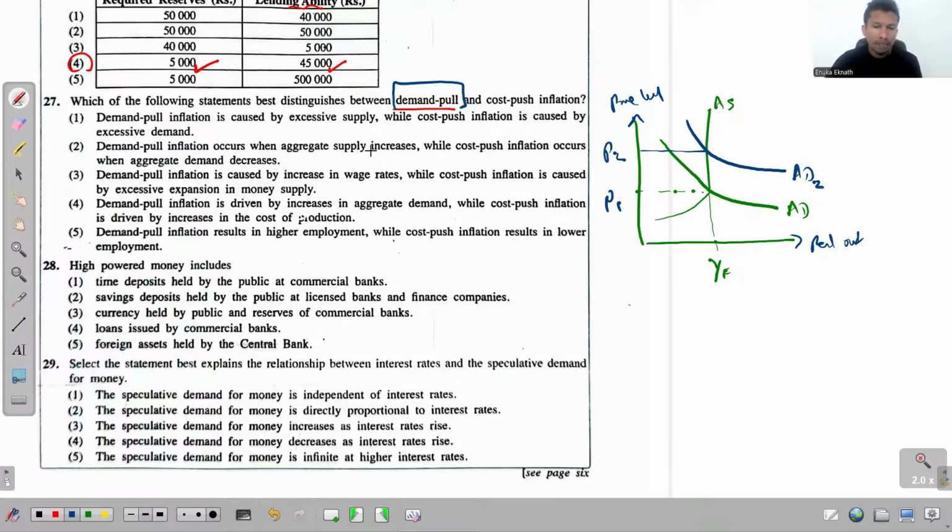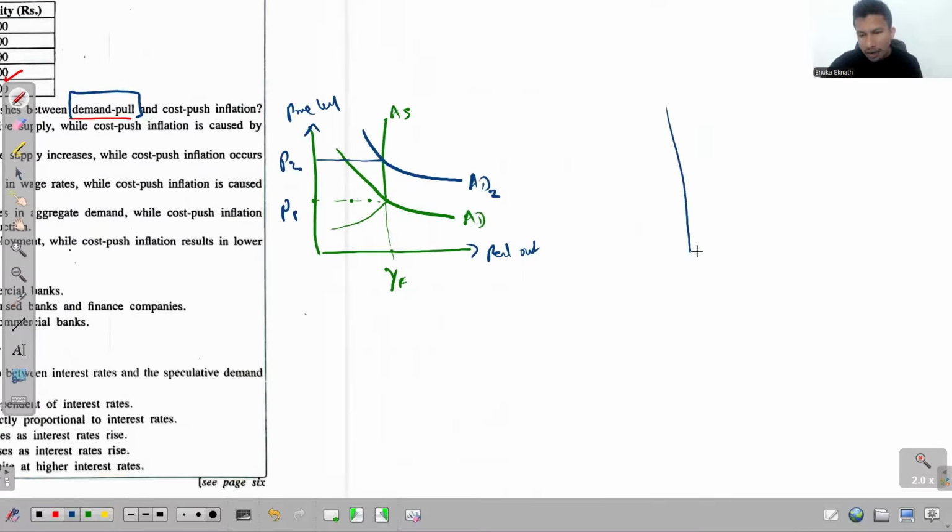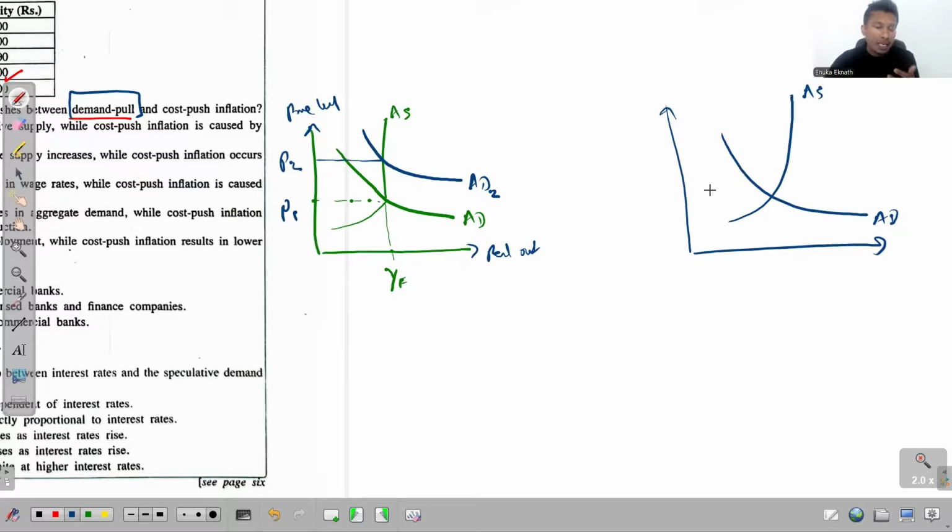And then what happens in the cost push inflation? See, look at this new diagram. Again, let's say that we have the aggregate supply in this way and the aggregate demand in this way. Due to the increase in production cost, the aggregate supply curve gets shifted to the left side. When the cost increases, the supply reduces, and as a result, the aggregate supply curve shifts to the left.